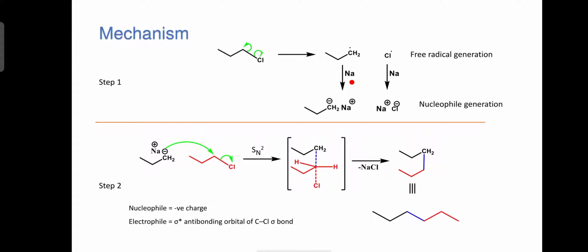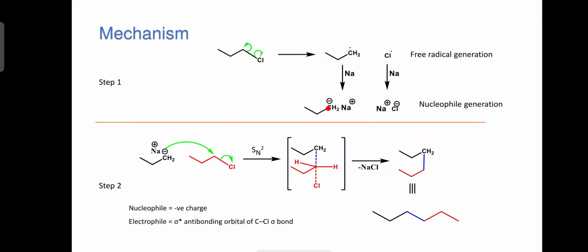This sodium atom donates its 1 electron to this CH2 free radical. This CH2 already contains 1 electron, so that electron and the 1 electron from sodium make a negative charge on this CH2.